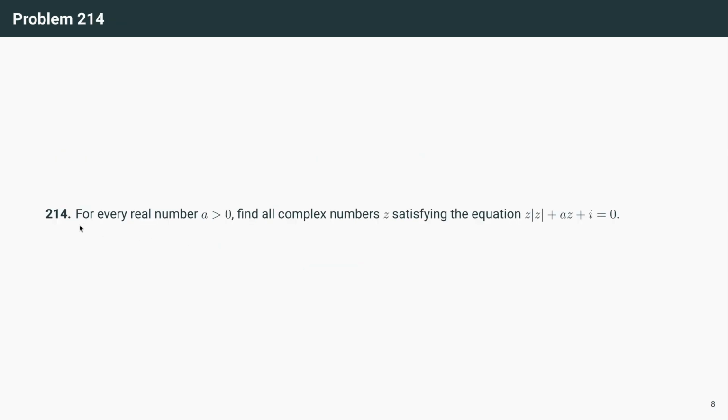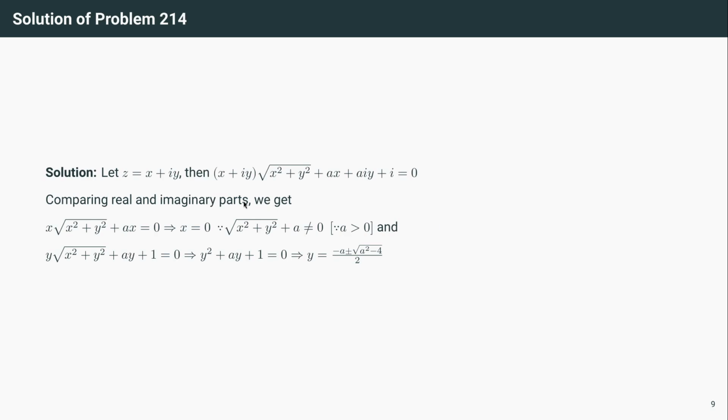Problem 214 says: for every real number a greater than 0, find the complex numbers z satisfying the equation z mod z plus az plus i is equal to 0. This is like the previous problem. Again we have this equation and we compare the real and imaginary parts.